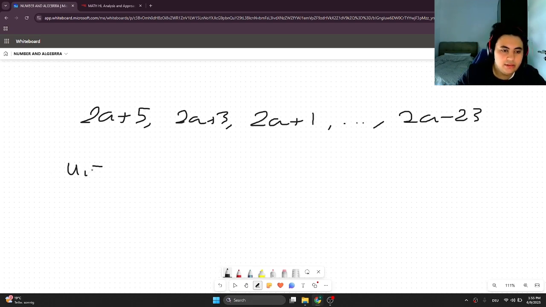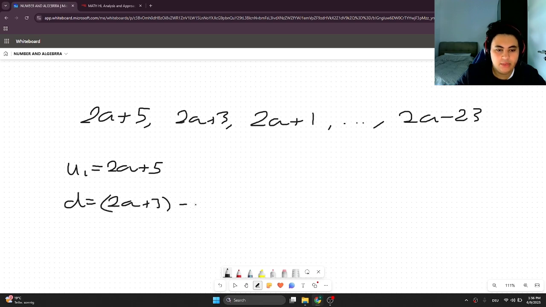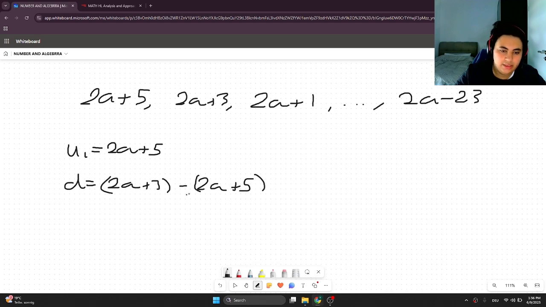So u1 is equal to 2a plus 5, and the common difference is 2a plus 3 minus 2a plus 5. The 2a terms cancel out, and 3 minus 5 is negative 2. So the common difference is equal to negative 2.